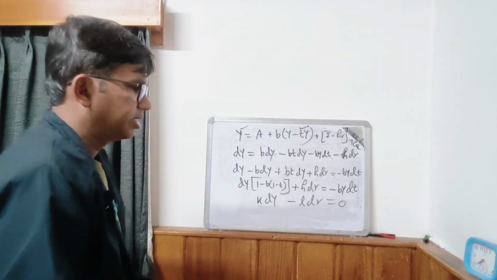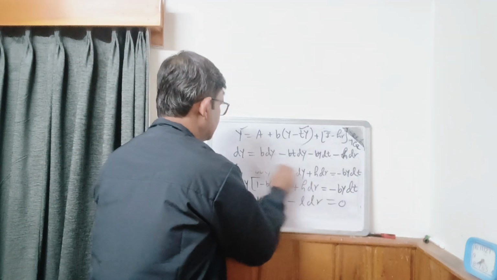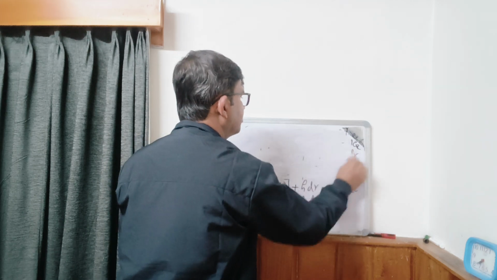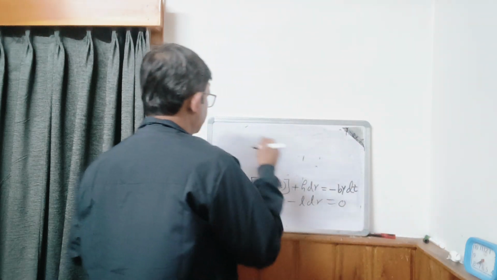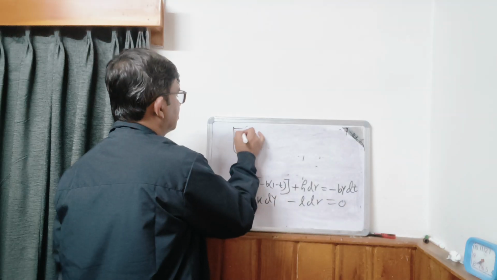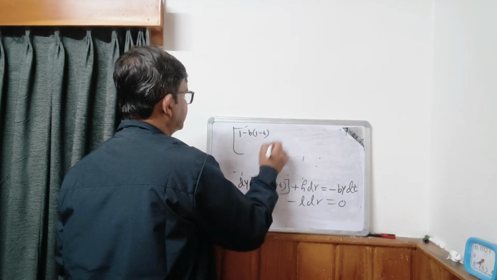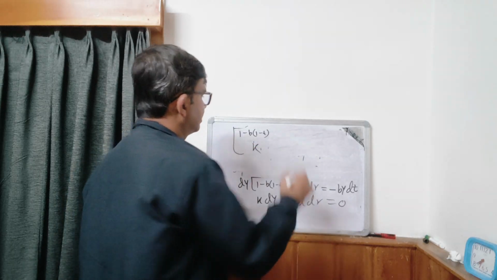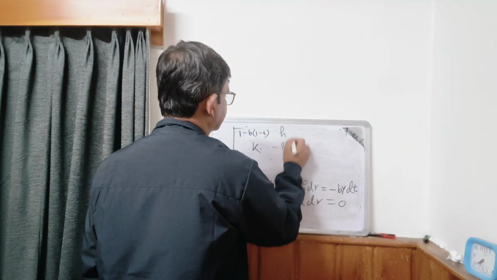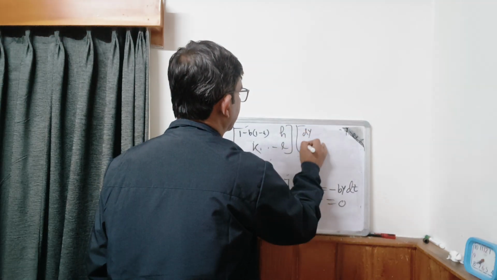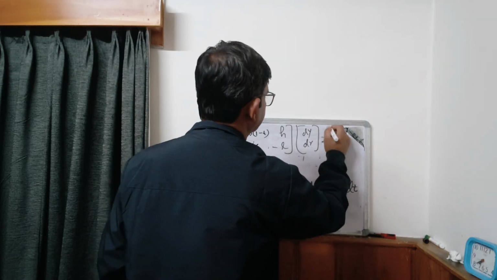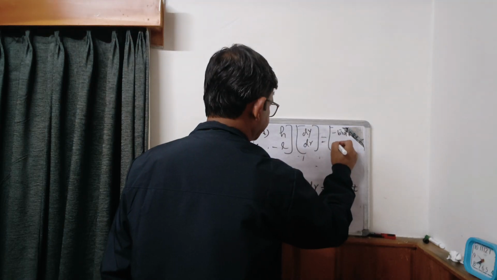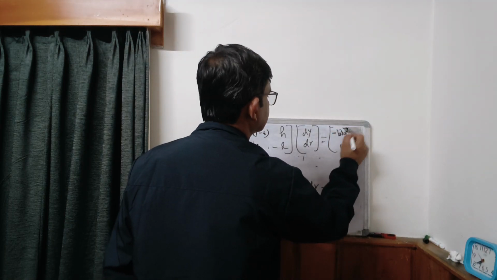So if we again convert it into a matrix multiplication form, the coefficient matrix will be given as 1 minus b into 1 minus t, h, k and minus l, times dy dr, equals to minus by dt and 0.